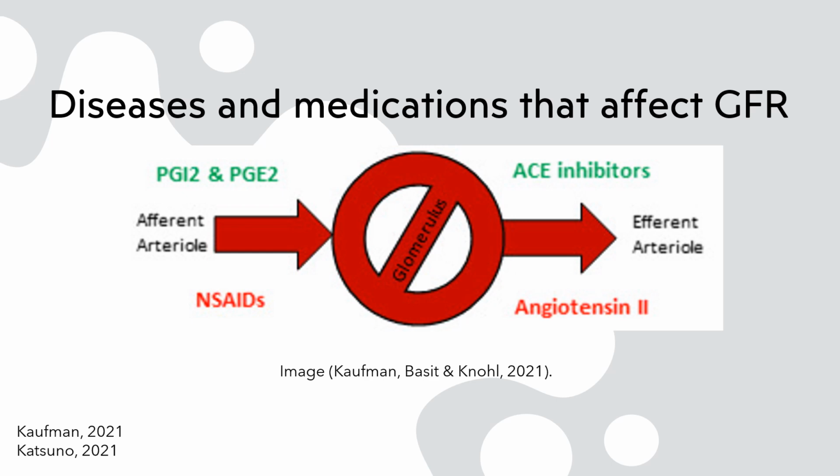As stated in the previous slide, a change in the GFR helps determine or diagnose several different pathologies related to kidney diseases. Chronic kidney disease is where the kidneys decline in their functional abilities over time. Many diseases and some medications can cause kidney failure and will affect the GFR.